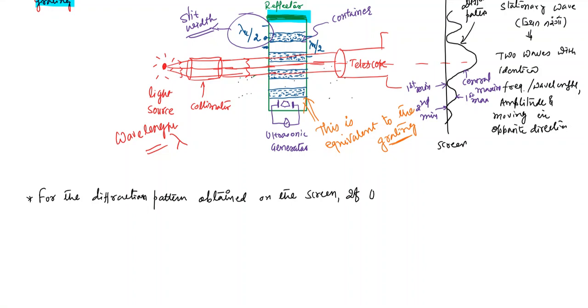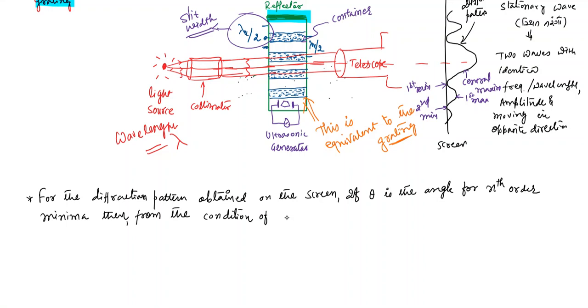if theta is the angle for nth order minima, then from the condition of diffraction, d sin theta is equal to n lambda.